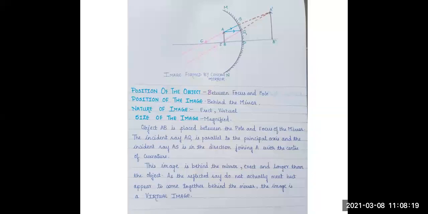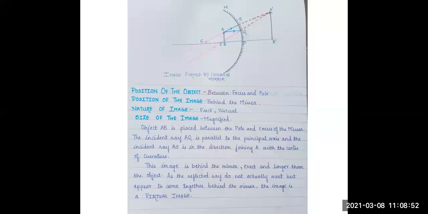Which ones are the incident rays? The rays which have arrows towards the mirror are called incident rays. So AS and AQ are the incident rays. Now the reflected rays are AC and QF, because these have arrows outwards from the mirror. Do these reflected rays actually meet?